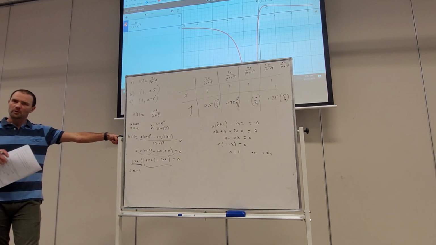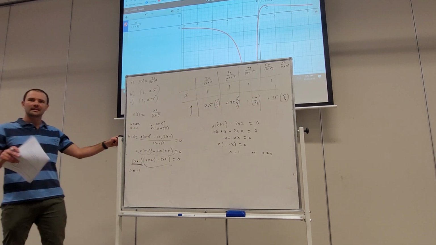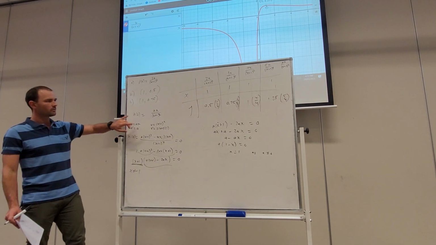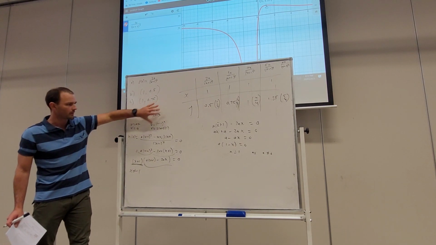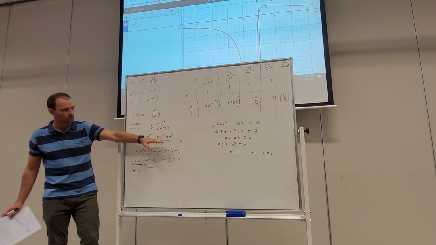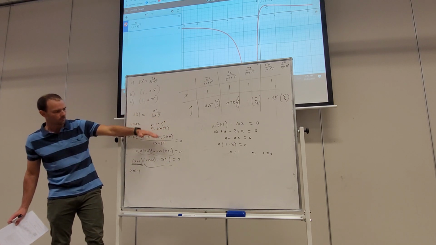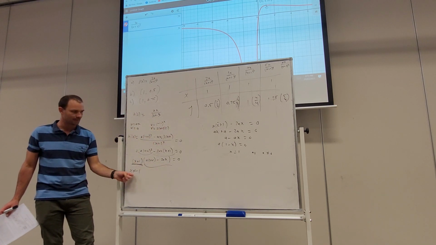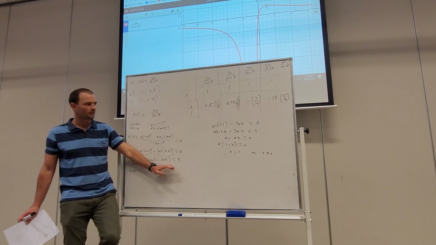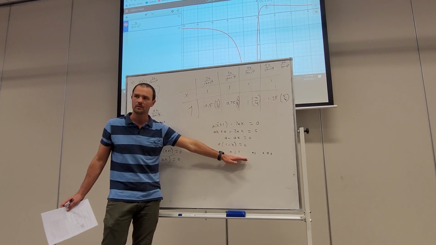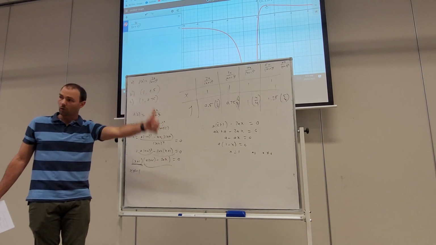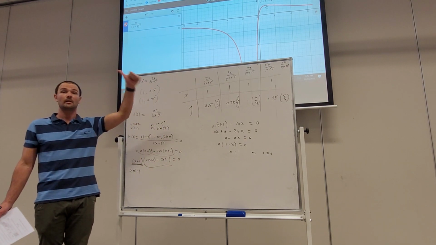Okay, so we're almost done. We're finding the coordinates of the stationary point. Stationary points occur when the first derivative is 0. We found the first derivative. We're not interested in the denominator, we're only interested in the numerator. We factorised the x plus 1, we said that's not the solution. So we're interested in this part, we've isolated the x value. We need the coordinates. Coordinates are an x value and a y value.